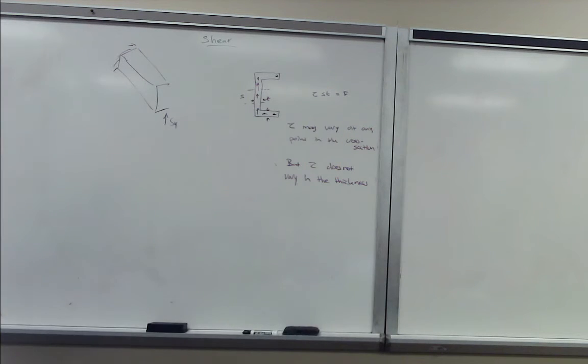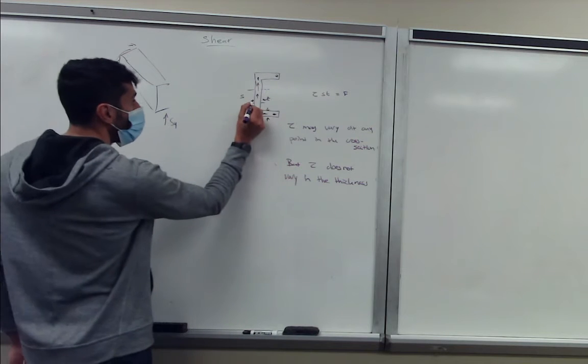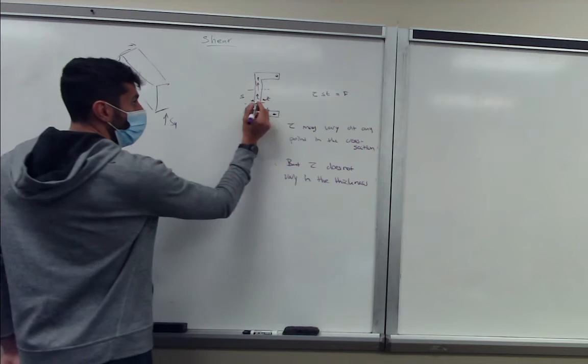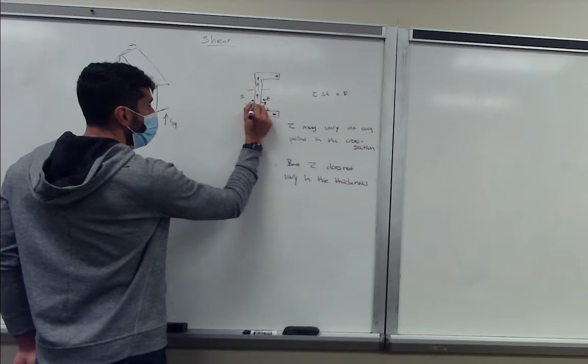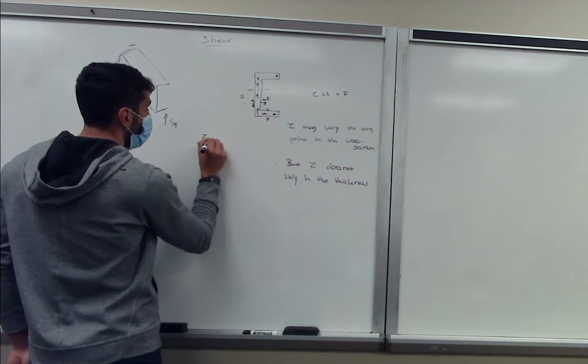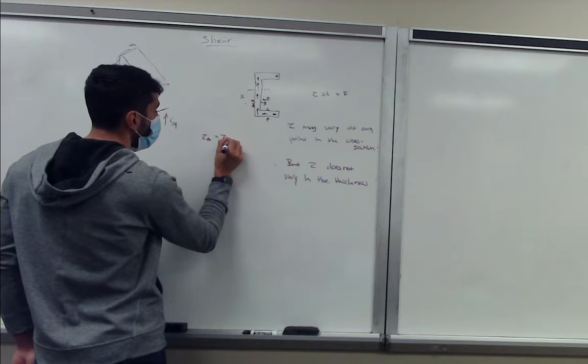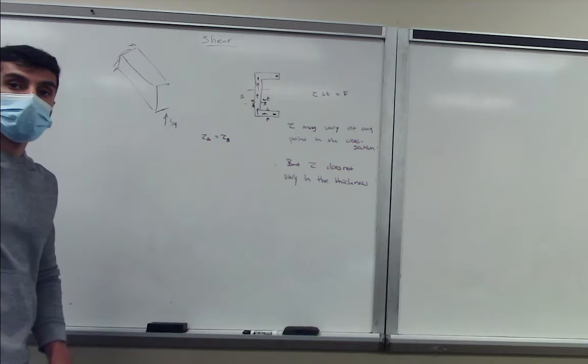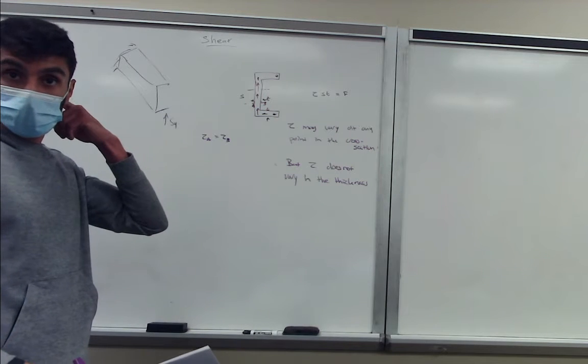So if I look at this side, the outer edge, point A, and at point B, the inner edge, tau A is equal to tau B. No variation.